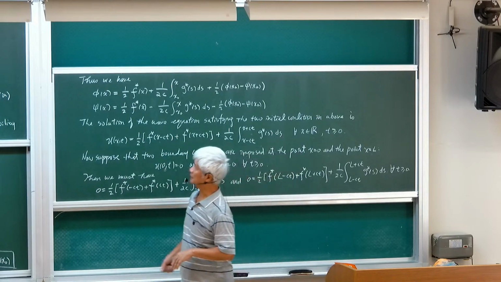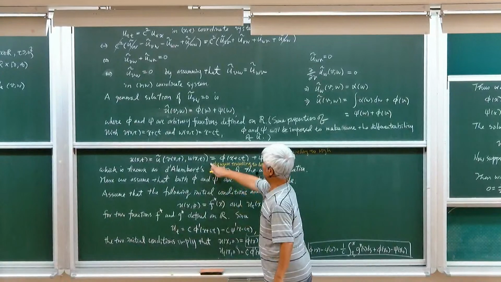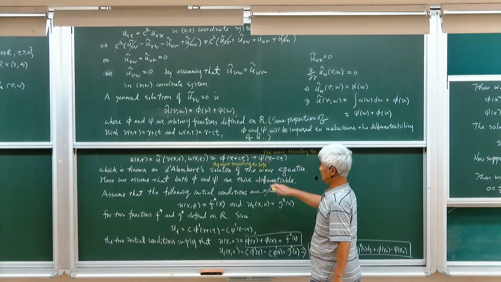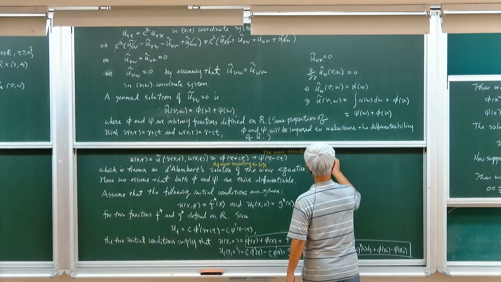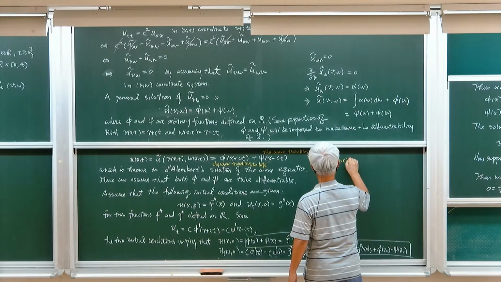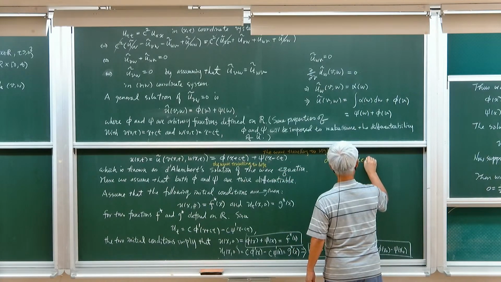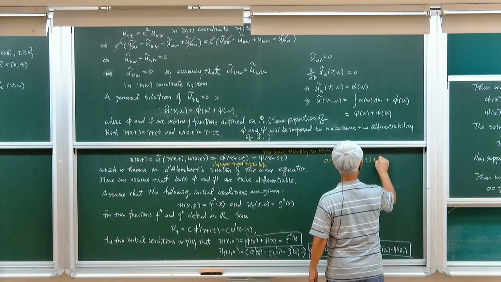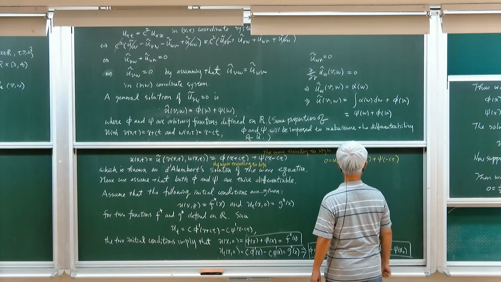So basically here, if you look at the original solution, you see that 0 is u(0,t), which means that phi of ct plus c of minus ct is 0.